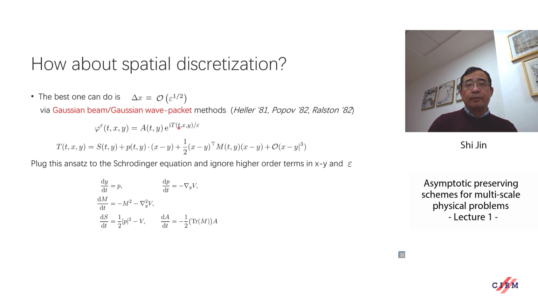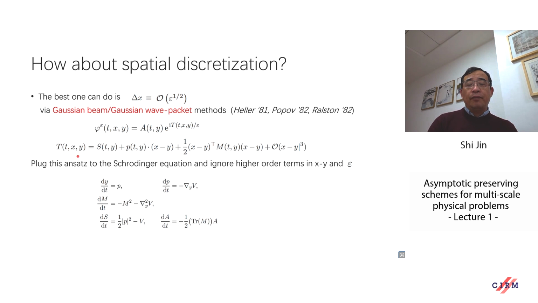So the idea of a Gaussian beam or Gaussian wave packet method is to write a wave function as its amplitude times e to the i times the phase over epsilon. This looks like a WKB ansatz, but it's not exact WKB because here this phase depends on time t, position x, and also y. y is called the center of the Gaussian beam or Gaussian wave packet.